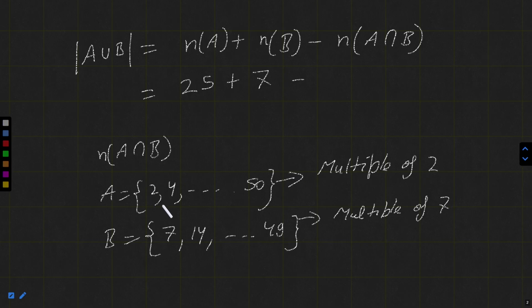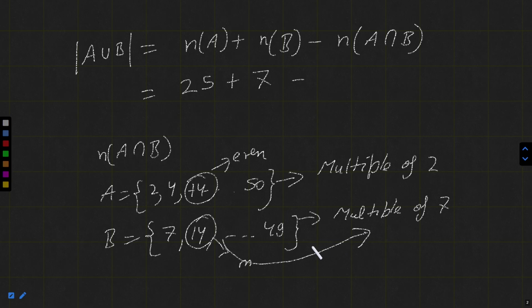If you try to see the first common element, it will be 14, because it is even and it is also a multiple of 7. So the first element of A intersection B will be 14, and the next element will be 28.